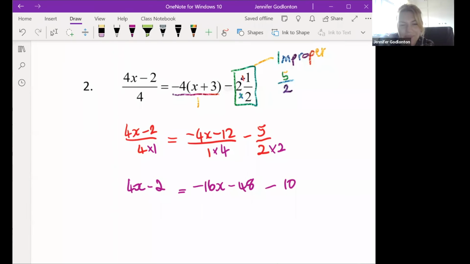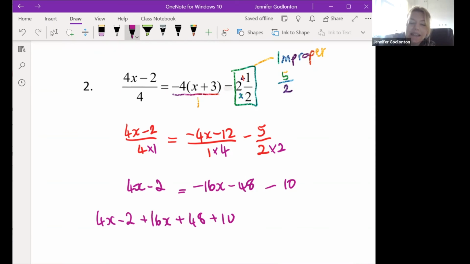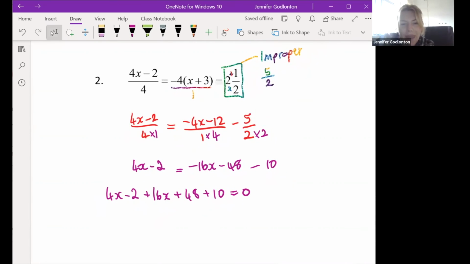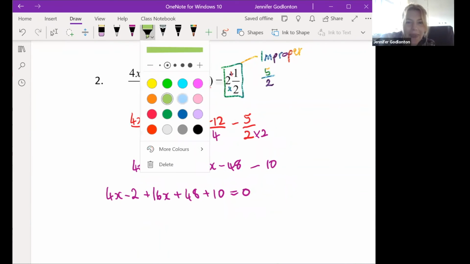You would take, I'm guessing, the right side over to the left side, and then everything would be equal to 0. I told you I'm just going to write exactly what you tell me to do. So 4x minus 2 plus 16x plus 48 plus 10 equals 0. Okay, this is messy.